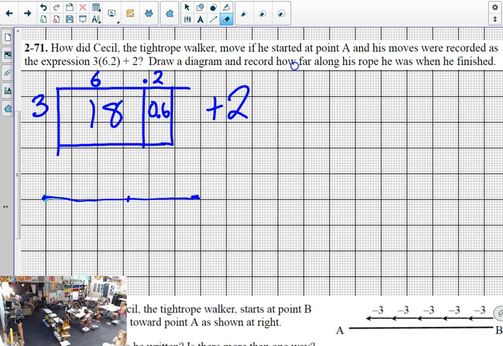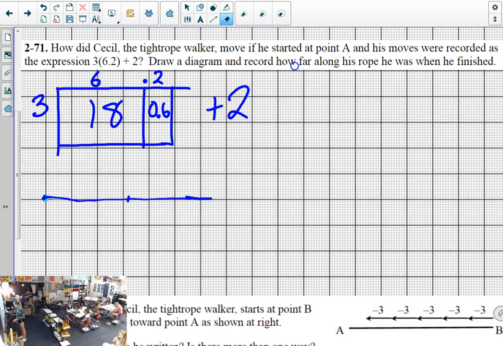Scale. Right? We want to try to implement a scale drawing. What would I say about representing or showing the 3 times 6.2 if I were drawing that, Alex? I mean, we could write not to scale if we weren't going to be to scale, but I think we're trying to do it up here.